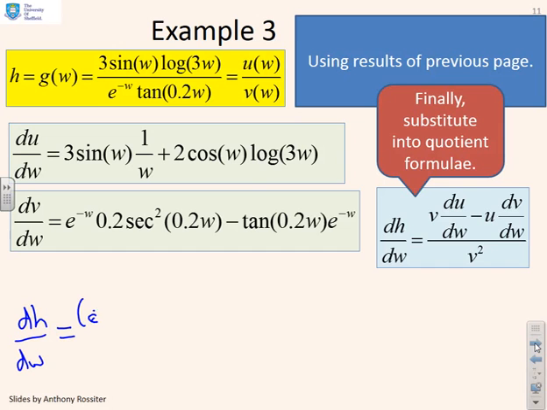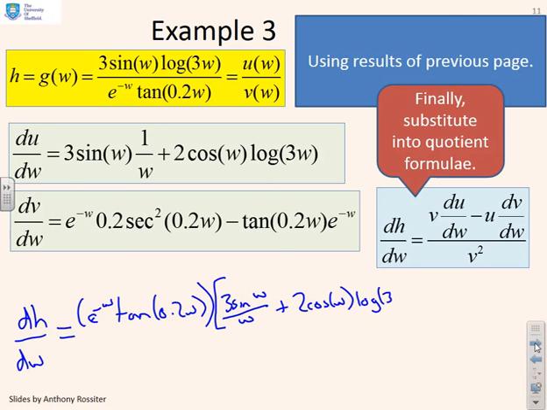It's e^(-w) tan 0.2w, and that's going to be multiplied by du/dw. So we've got 3 sine w all over w plus 3 cos w log 3w. So that's this term, v du/dw.